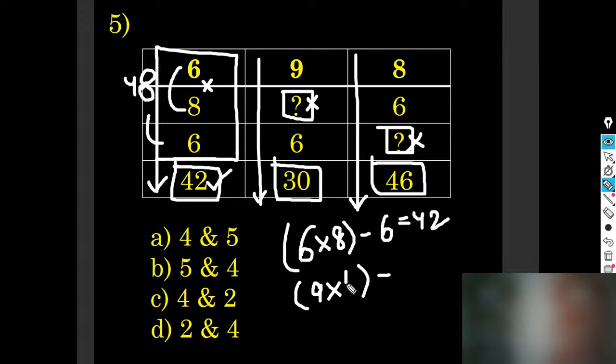Okay, let us check with 4. 9 into 4 minus 6. 9 into 4 is 36. 36 minus 6 gives us 30. So the first question mark value is 4.